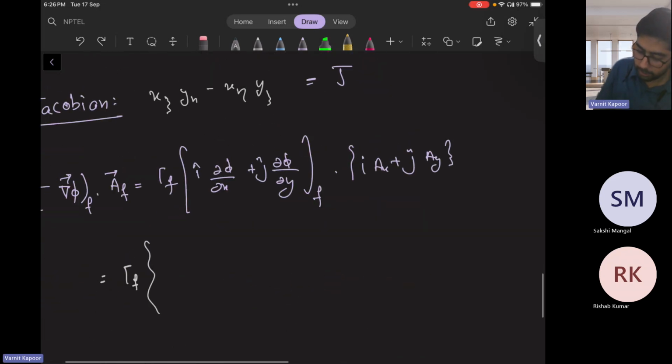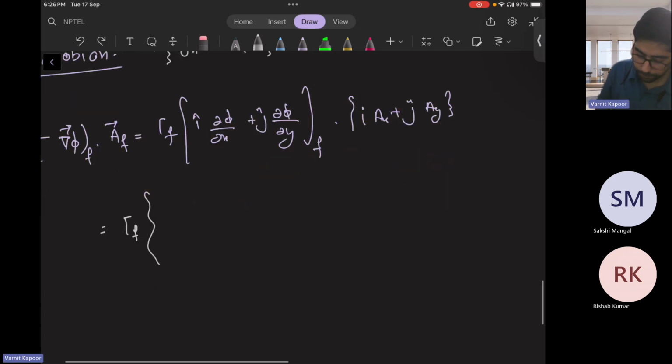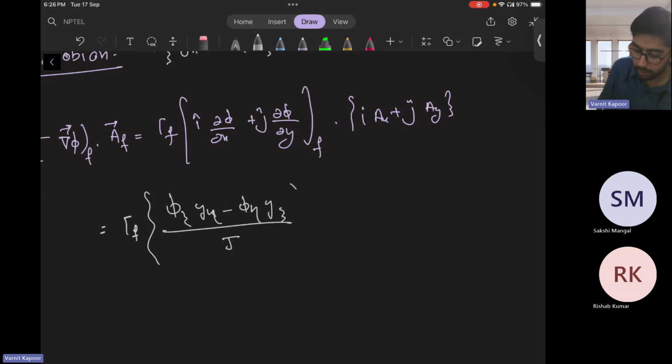So make sure that this dot product is done with i with i, and j with j. So ∂φ/∂x is (φ_ζ y_η minus φ_η y_ζ) upon the Jacobian into a_x.